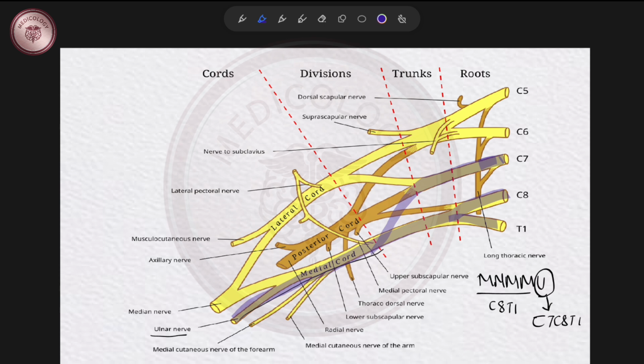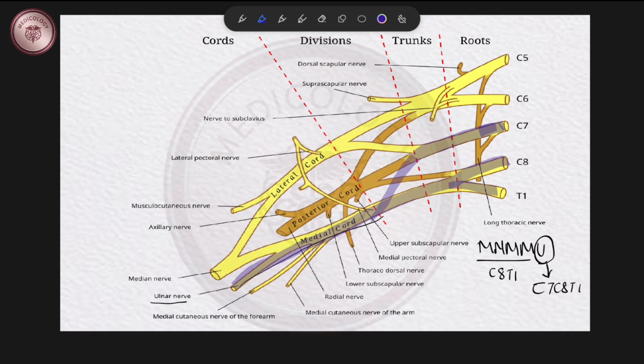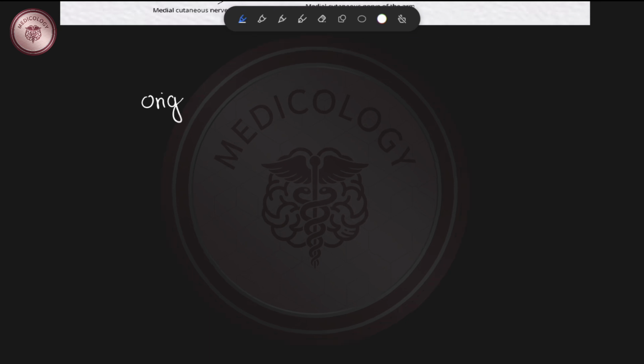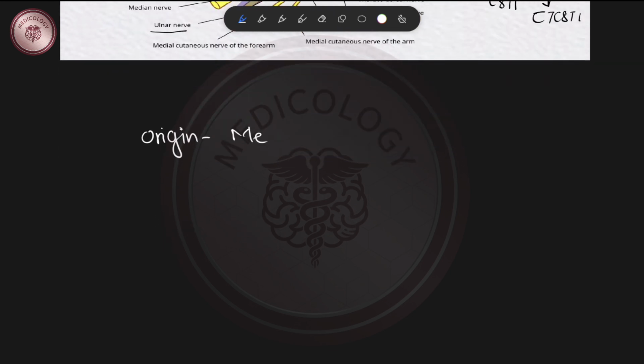Let's see where it is applied in our hand. Let's make a note. Origin is from the medial cord of brachial plexus, and root value is C7, C8 and T1.